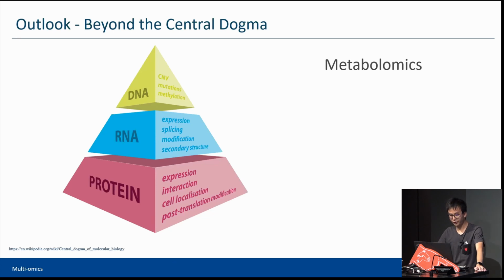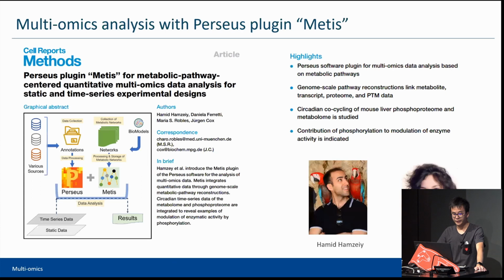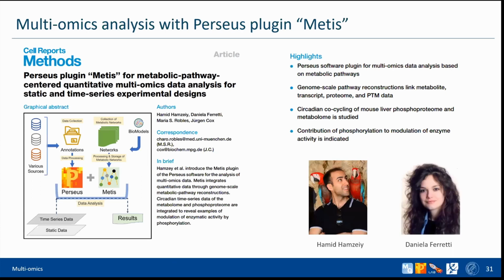But we have created a Perseus plugin, Metis, with which you can combine the results from other omics levels from the central dogma with the metabolomics data, and we can map them together at the pathway level, so we can do the analysis.